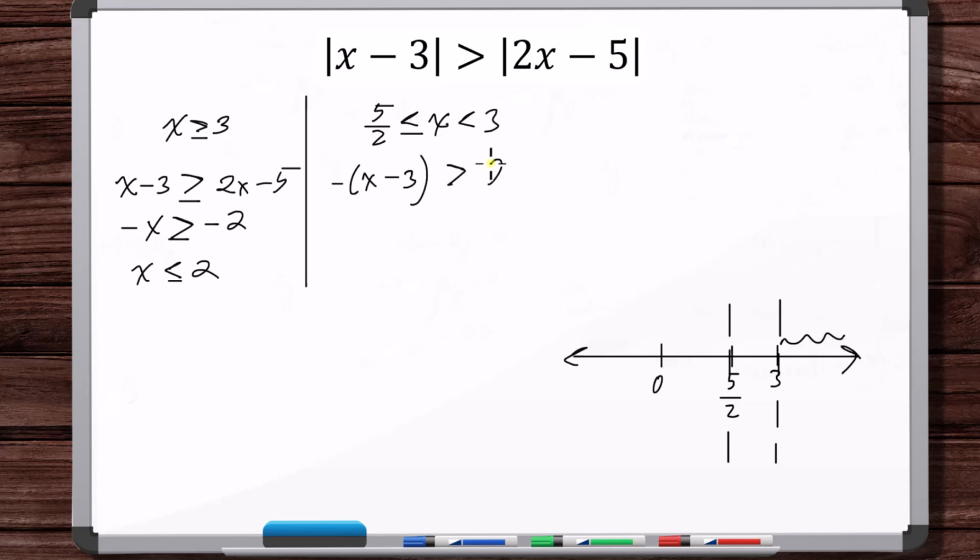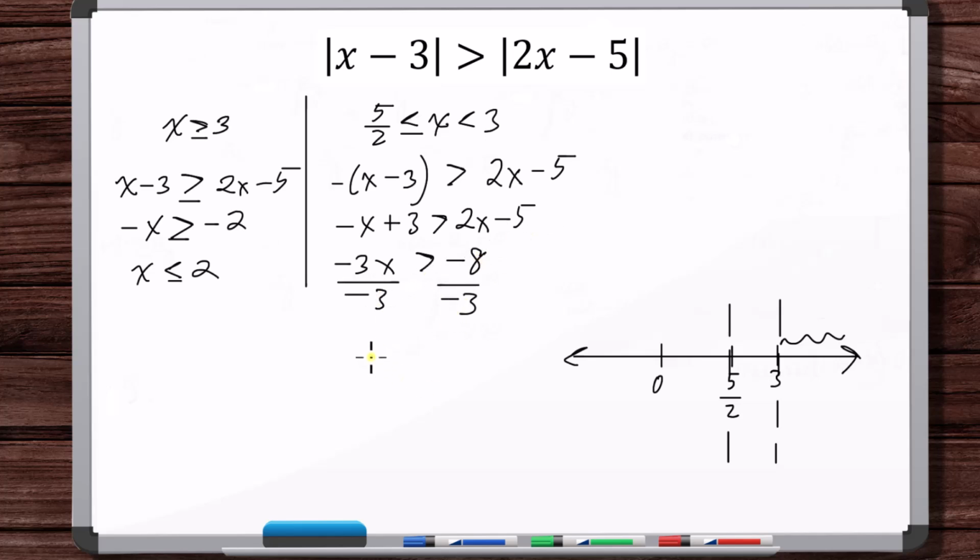All right, so minus x plus 3 is greater than 2x minus 5. Subtract 2x from both sides. Subtract 3 from both sides. Divide both sides by -3. You have x, flip the inequality, is less than 8/3.